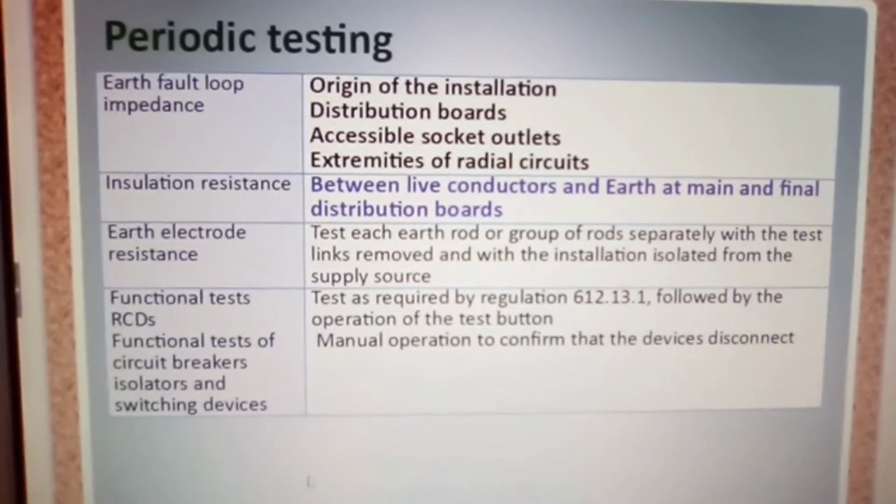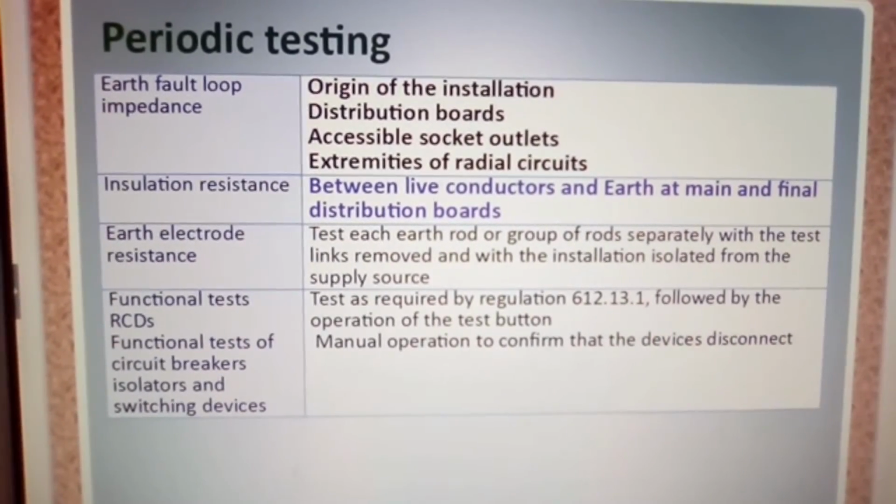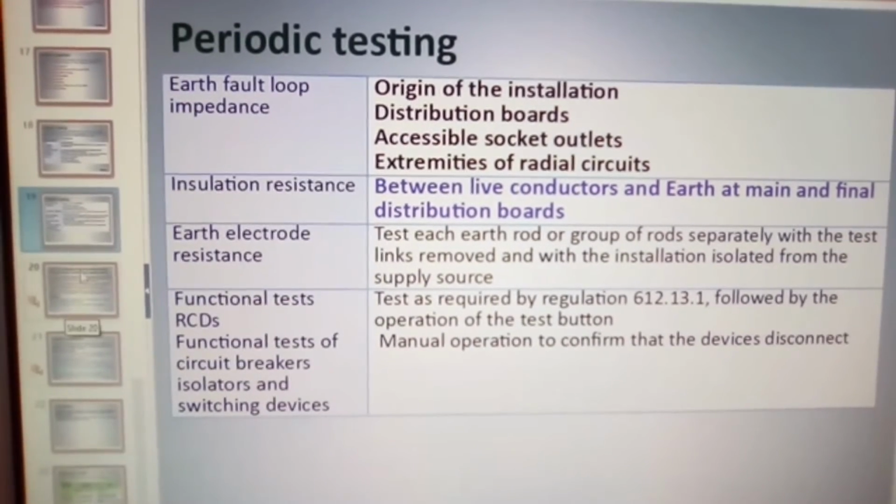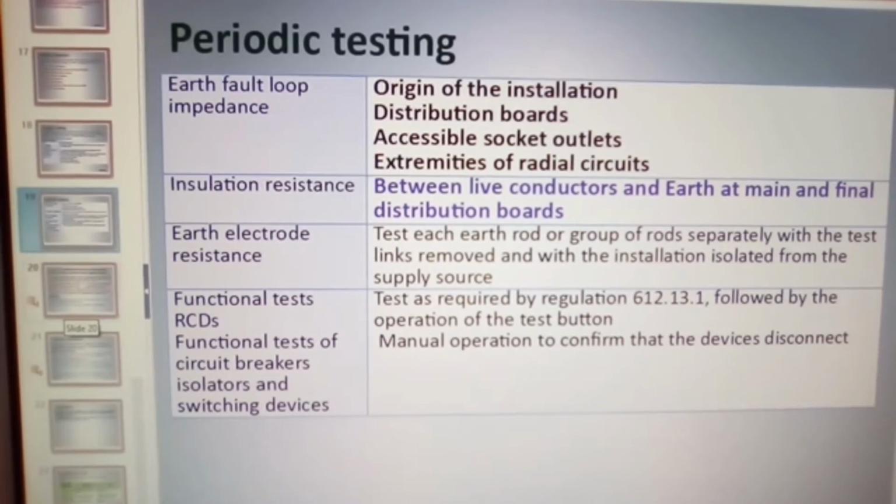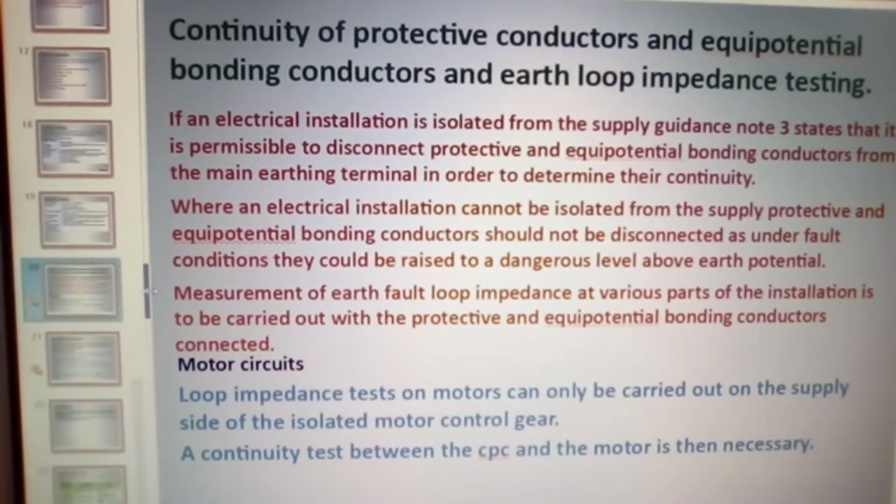And again, you want to make sure that you can see the information, apply it for yourself and understand it, and look it up in the IE regs. That is your job.